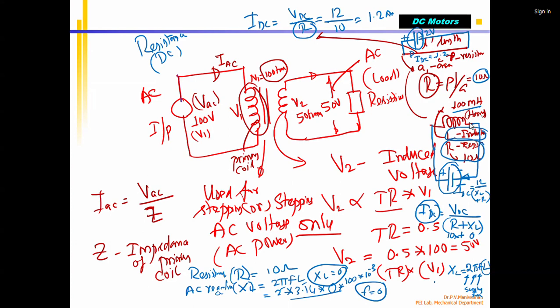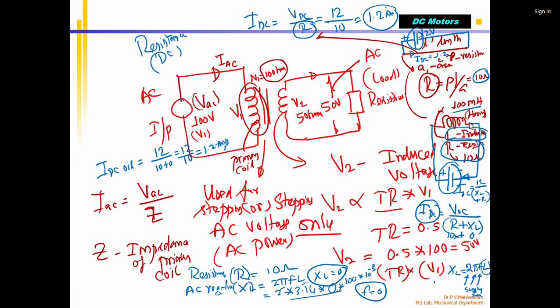The IDC of the coil equals 12 VDC divided by 10 plus 0, that equals 12 divided by 10, 1.2 amps. Take a copper wire, just a long wire, and supply 12 volts with a resistance of 10 ohms. The current IDC will be 1.2 amps.